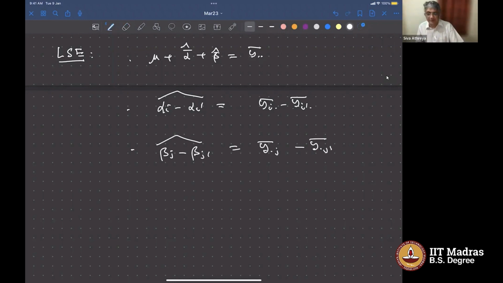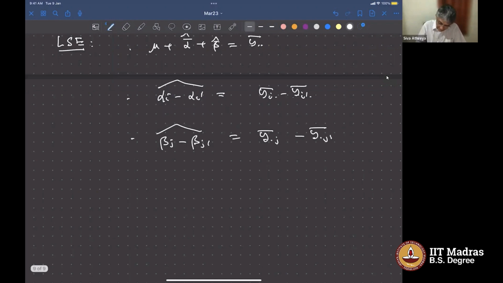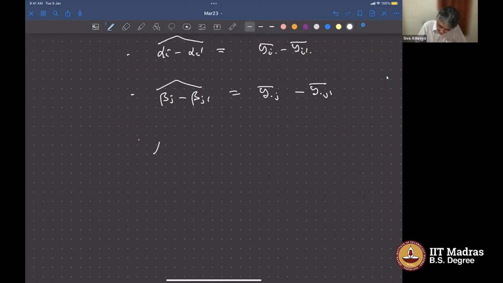That's one way of getting it. And if you want the entire thing, the least squares estimate of mu plus alpha_i plus beta_j, that's just going to be y_i dot bar plus y dot j bar minus the total mean.